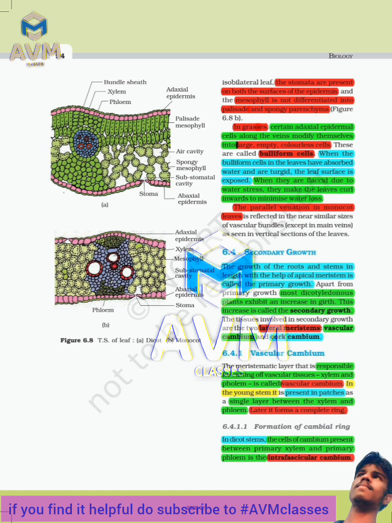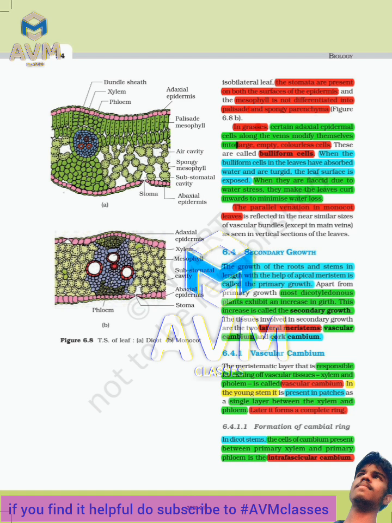6.4.1 Vascular cambium. The meristematic layer that is responsible for cutting off vascular tissues, xylem and phloem, is called vascular cambium. In the young stem, it is present in patches as a single layer between the xylem and phloem. Later, it forms a complete ring. 6.4.1.1 Formation of cambial ring.